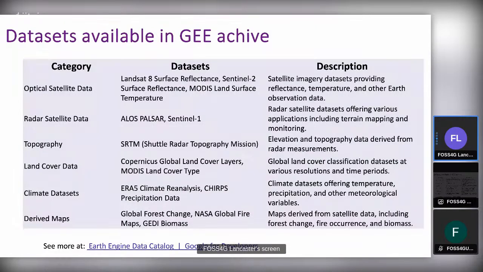But you also have derived maps, for example, the Hansen forest non-forest map from Global Forest Watch, the NASA global fire maps, GEDI biomass maps. But you can also import the data that you want to process in there.